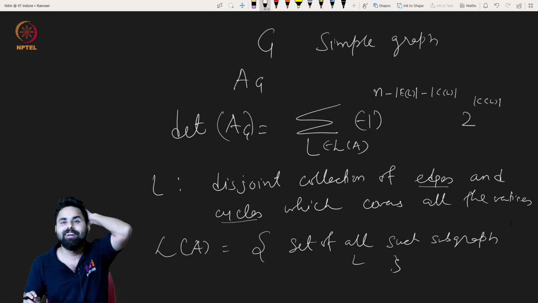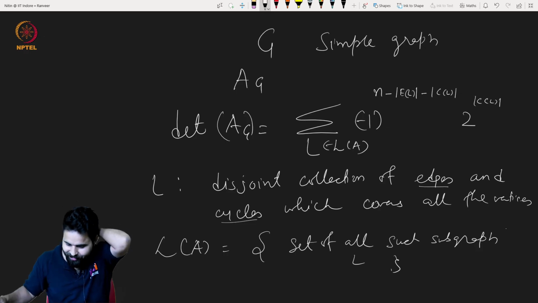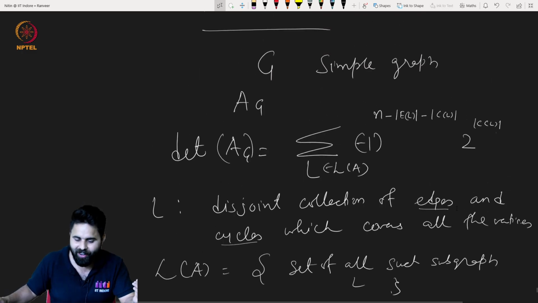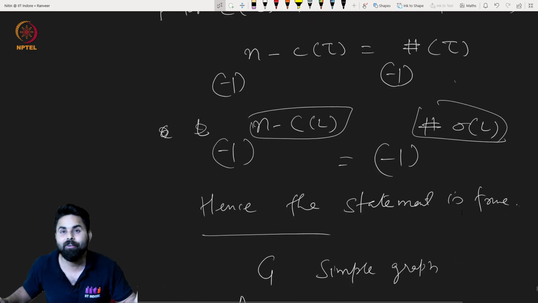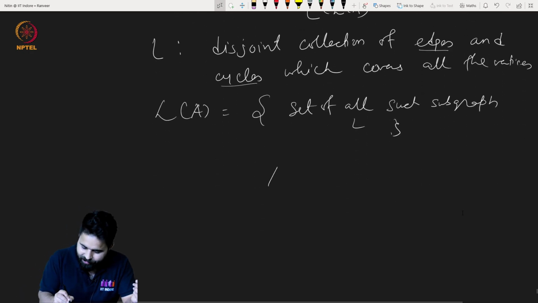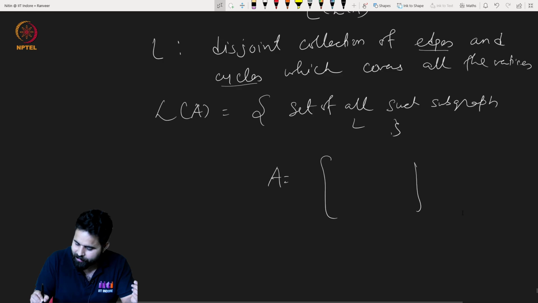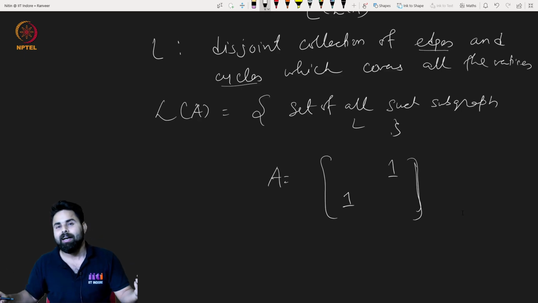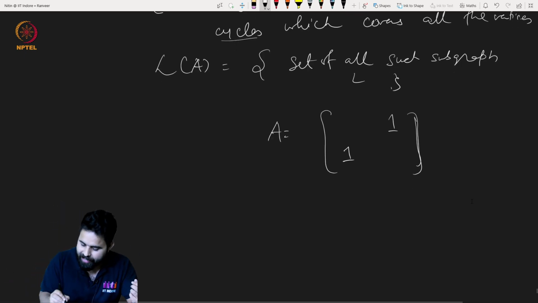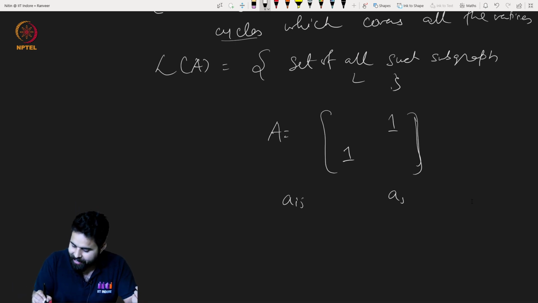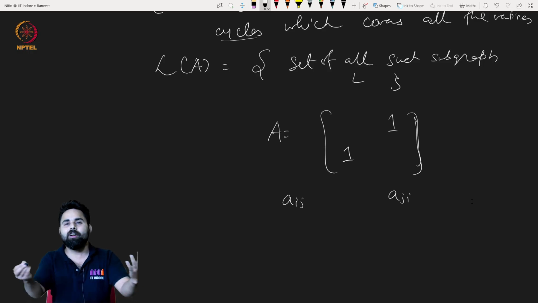Why is this true? If you see the generalized formula, this is very apparent. Suppose you take the adjacency matrix. Remember the generalized matrix had an entry A_ij, and a different entry for A_ji, because these entries may not be the same.